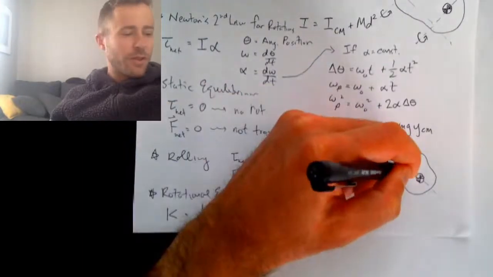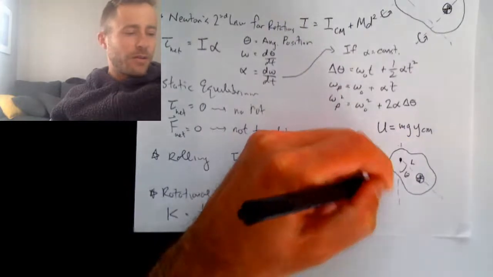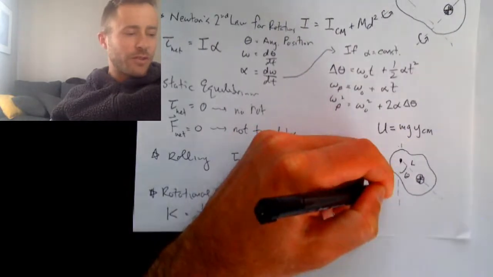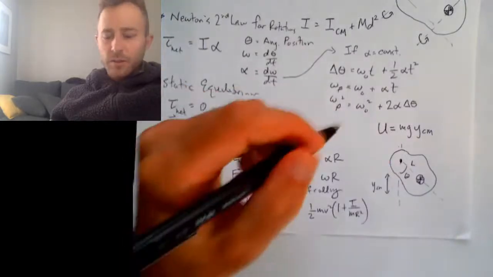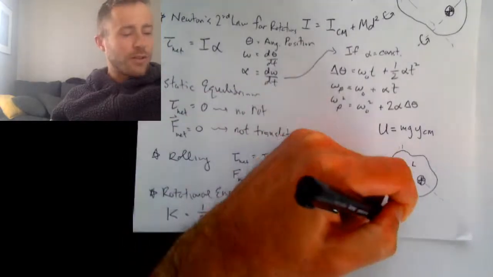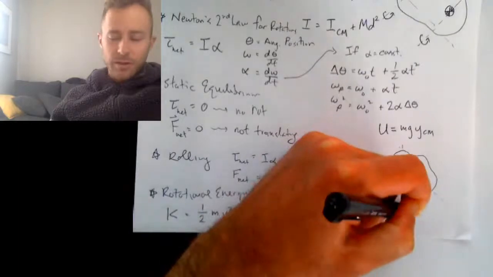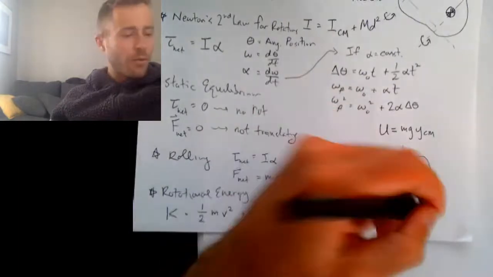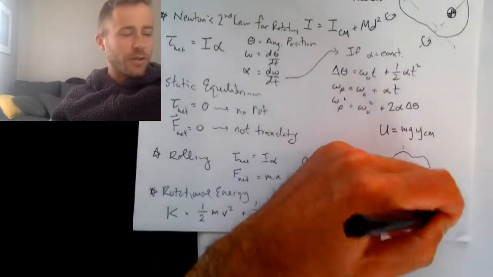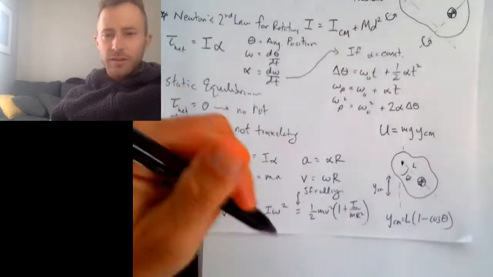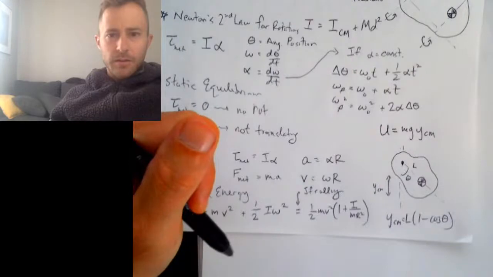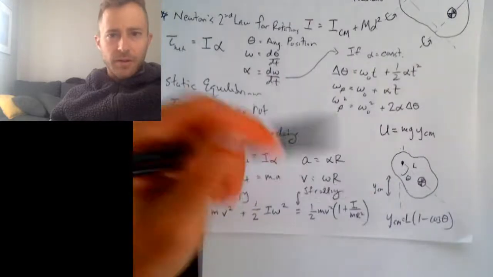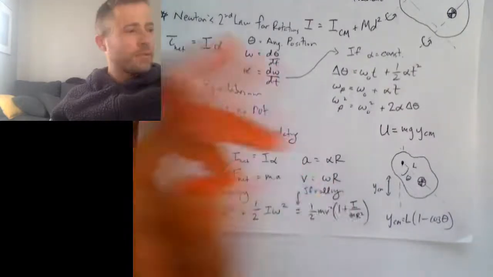This angle is theta. So if we think about how much the center of mass is lifted up, we derived a nice equation that says the height of the center of mass is equal to L times the quantity 1 minus cosine of theta. So you can use that to get the elevation of the center of mass of an extended object.